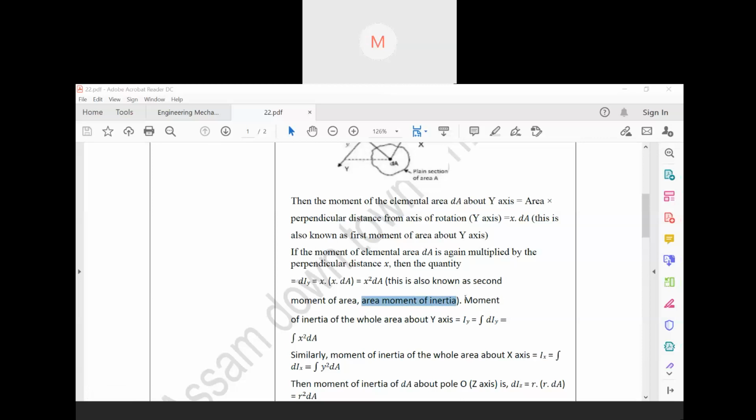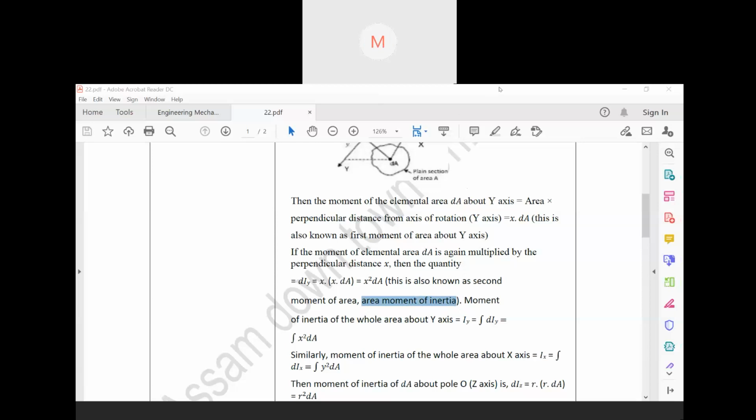You're understanding now why we are taking area moment of inertia? Yes, sir. Okay, so are you understanding this thing?